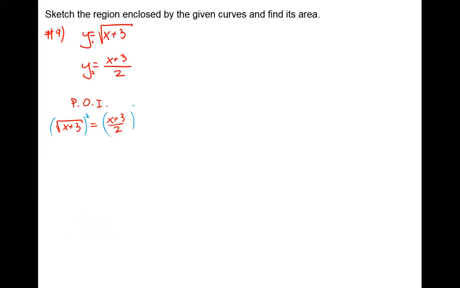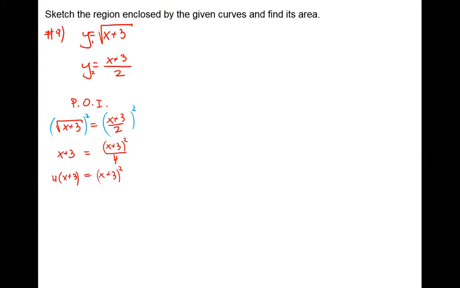This will be just x plus 3, with the domain x being greater than or equal to negative 3, and this will be x plus 3 squared over 4. And then I can multiply by 4 both sides.